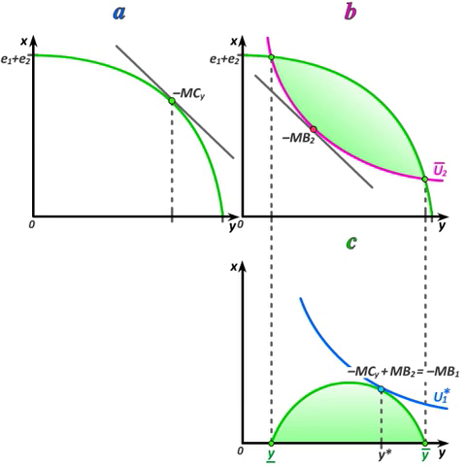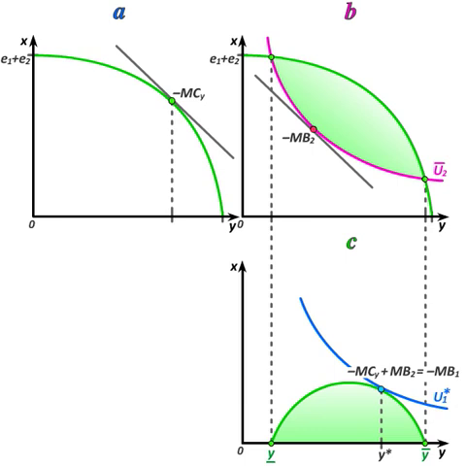When we subtract the magenta indifference curve from the green production possibility frontier, the slope that emerges in panel C is the slope of the green production possibility frontier minus the slope of the magenta indifference curve. In other words, minus MCY minus a negative MB2, which becomes minus MCY plus MB2.